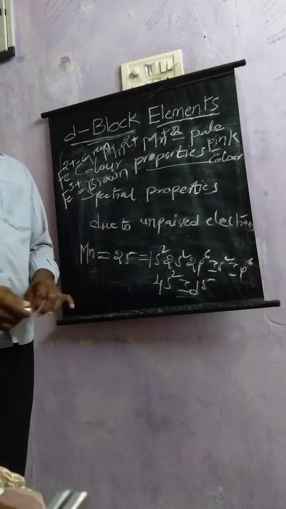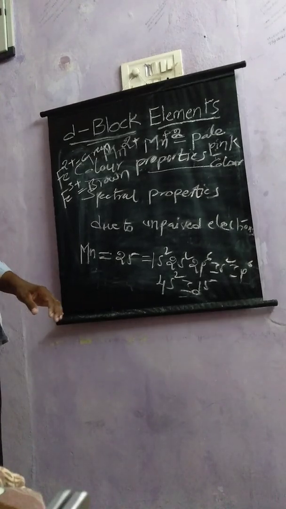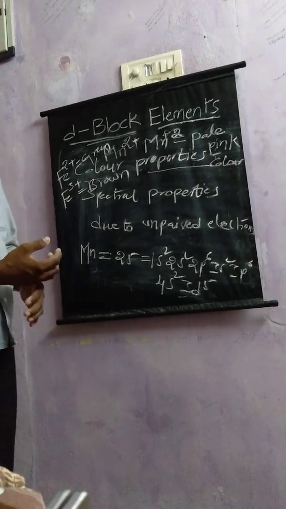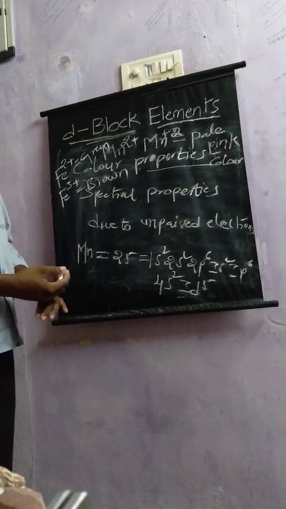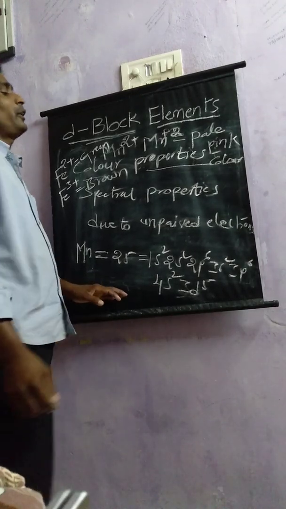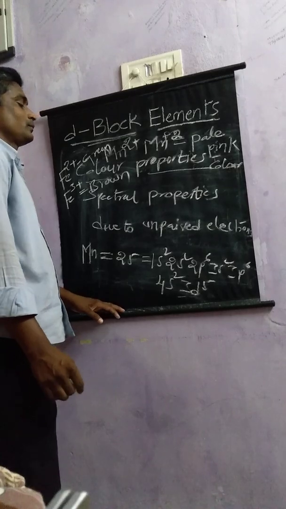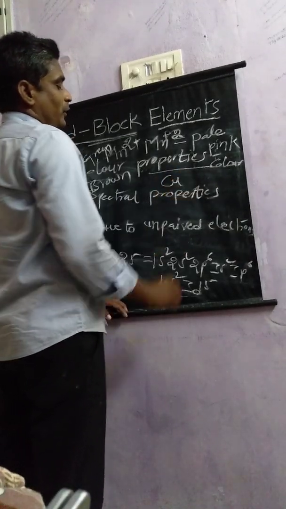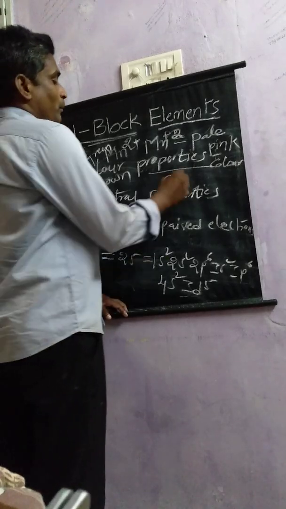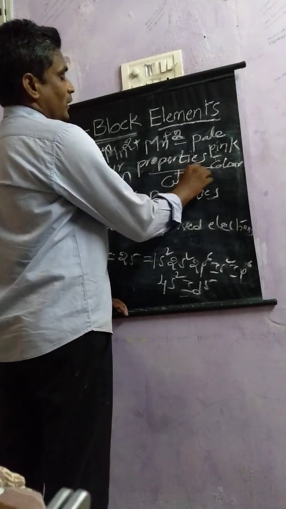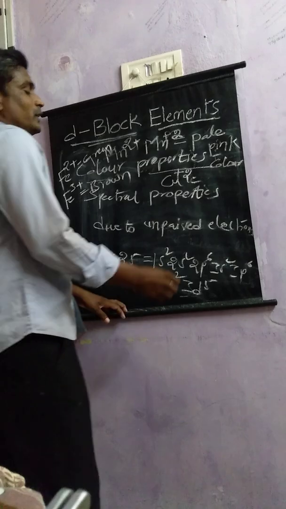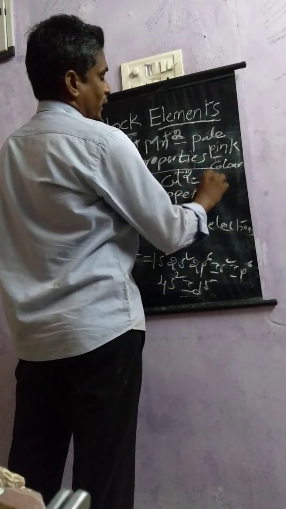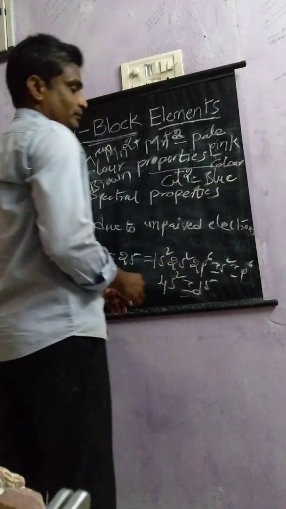So when d block elements are in their ionic form, they will exhibit different colors. Coming to copper, when it is in +2 form, it will exhibit blue color.